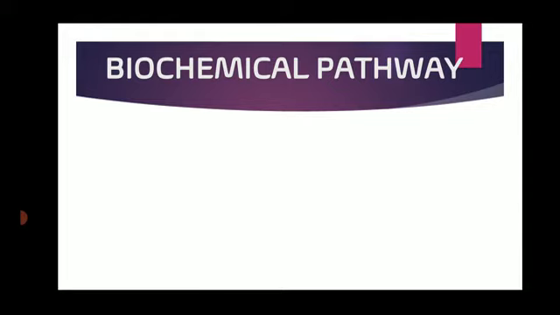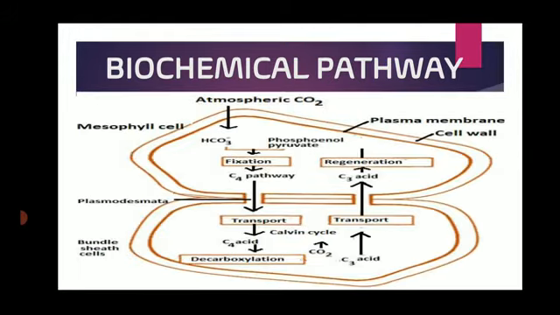Let's talk about its biochemical pathway. This is a diagrammatic representation of a C4 plant, wherein you can see how mesophyll cells participate and, other than mesophyll cells, bundle sheath cells also participate, and the cells are connected by plasmodesmata. Now what happens here? The carbon dioxide is fixed in mesophyll cells and converted into C4 acid.